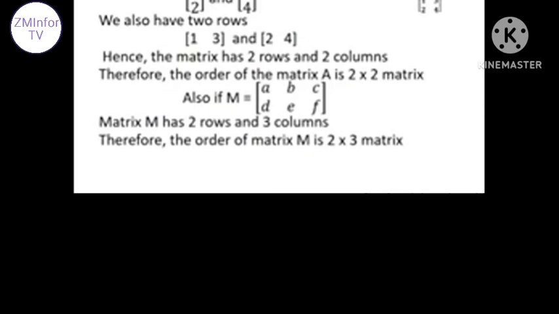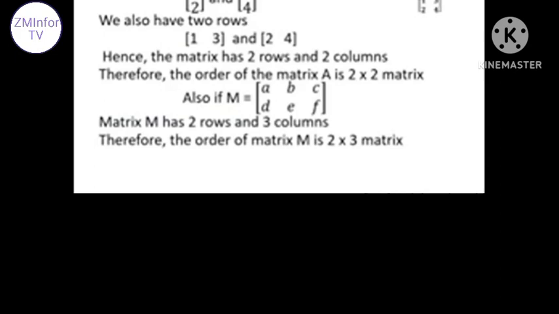The first column is 1 and 2, and the second column is 3 and 4. We also have two rows, that is 1 and 3, and 2 and 4. Hence, this matrix has two rows and 2 columns. Therefore, the order of this matrix is 2 by 2.